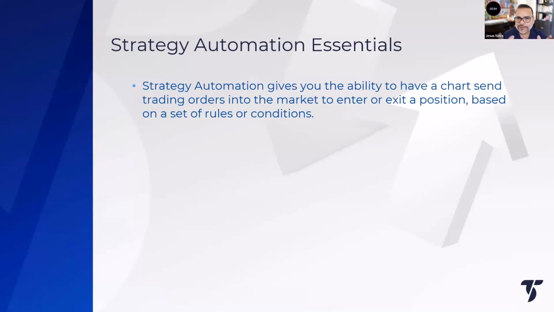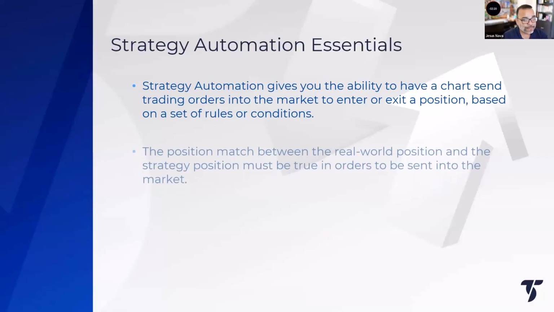That's one of the things that TradeStation is very good at, giving you the ability to automate strategies. In this case, we're going to go through an example on how you can set up your chart in order to send those types of orders into the market.